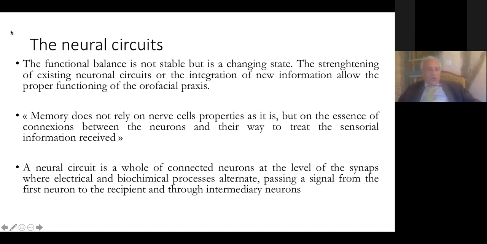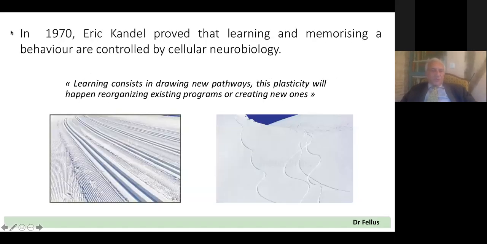So a neural circuit is a chain of connected neurons at the level of a synapse, where electrical and biochemical processes alternate, passing a signal from the first neuron to the recipient and through intermediate neurons.